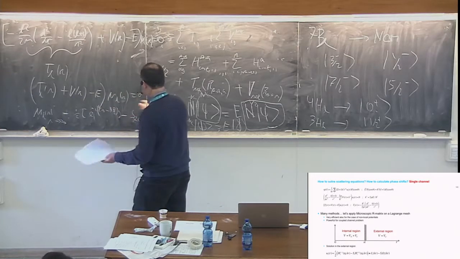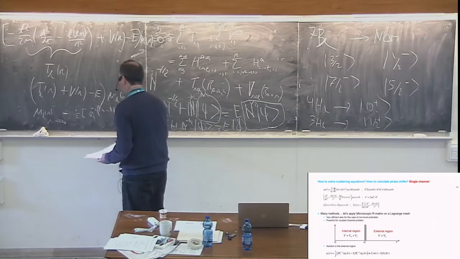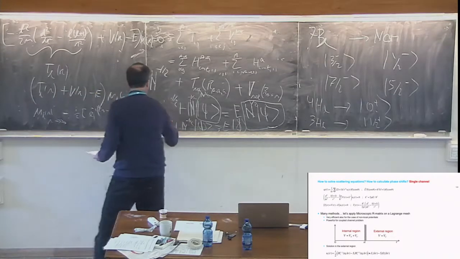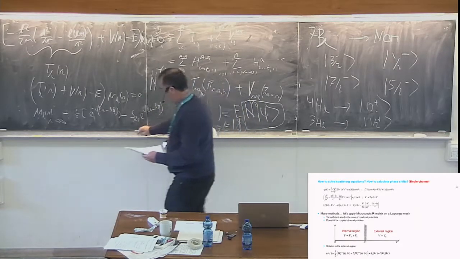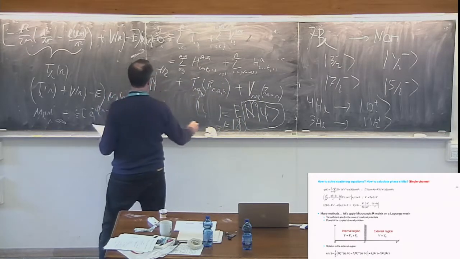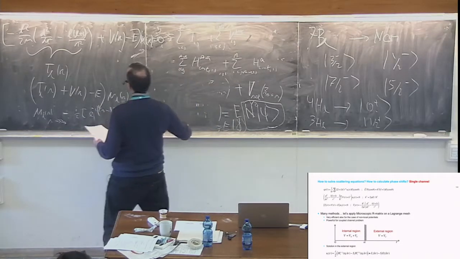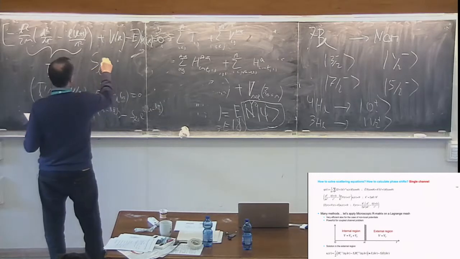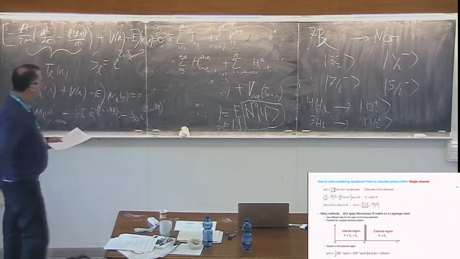Okay, this is a single channel, so it's just your phase shift basically, and then you have your outgoing wave, right? And the S_L is nothing else than the scattering matrix, so it's nothing else than e to the 2i delta_L, okay?